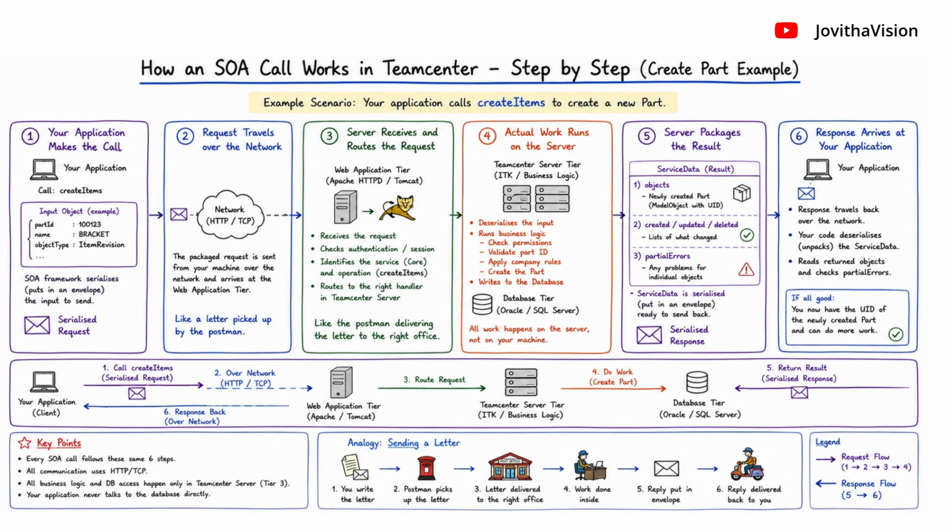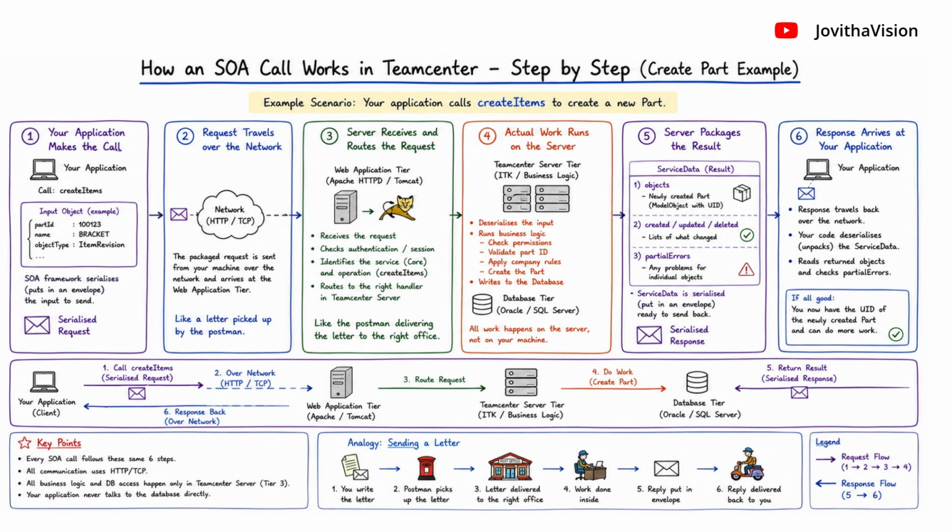Step number 3. The server receives and routes the request. The Teamcenter web server receives your request. It checks who are you? Are you logged in? Which service and operation are you calling? Then it passes the request to the right handler inside the Teamcenter server. This is like the postman delivering your letter to the right office.